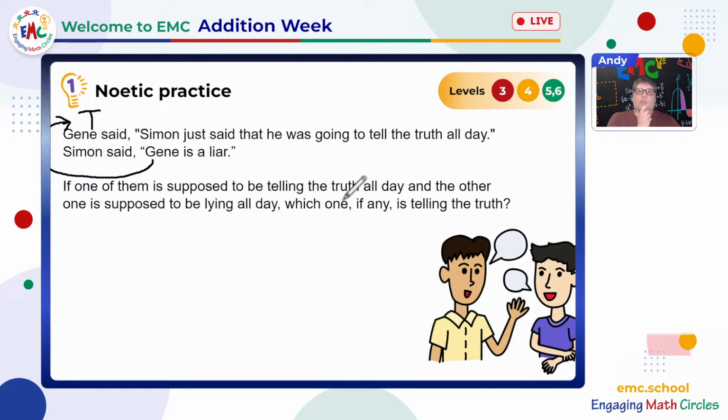One of them is supposed to be telling the truth all day, and the other is supposed to be lying all day. So if Jean is the one that's supposed to be telling the truth all day, that means that Simon was the one who should be lying all day.